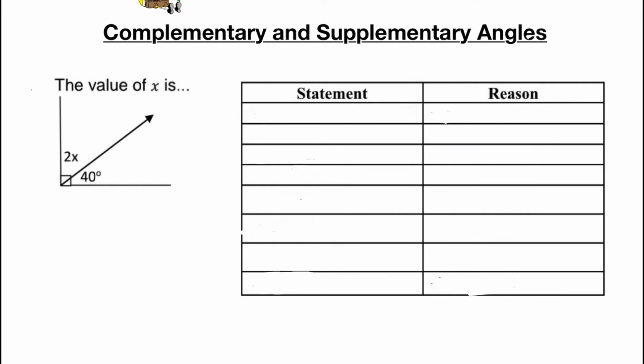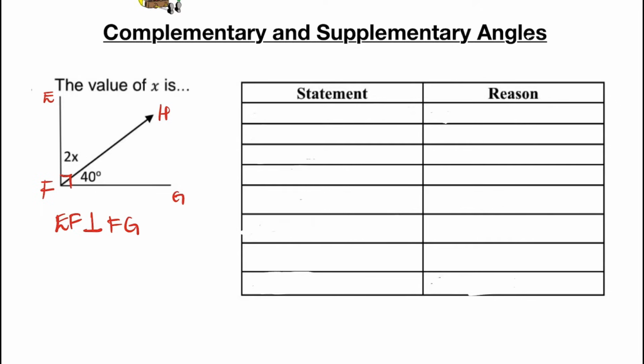Okay, here we have this diagram with two lines that are perpendicular. Let's name the lines E, F, G, H. So here we have two perpendicular lines, line EF, which is this line, is perpendicular to FG. We're given the entire angle there is 90, as we see by this box here.